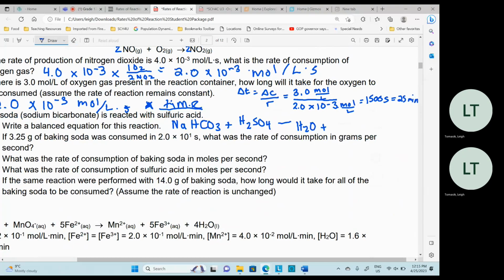Okay. So they're going to make water and carbon dioxide. What do we have left?